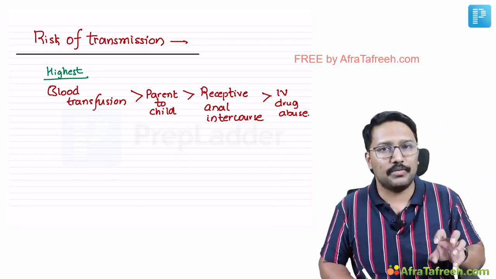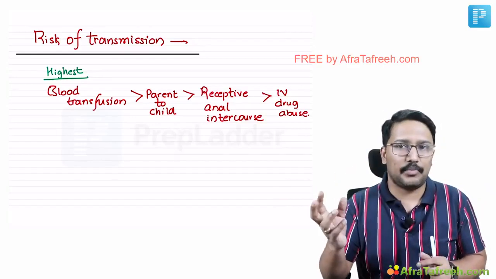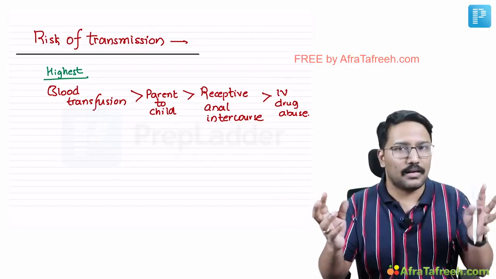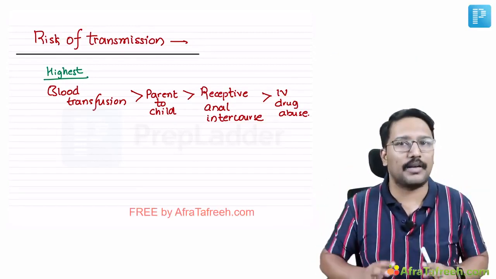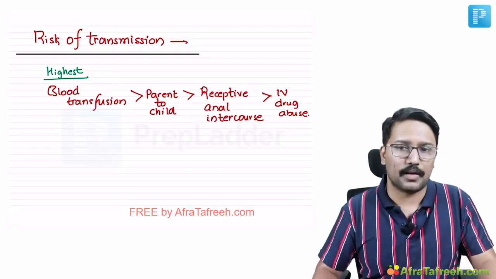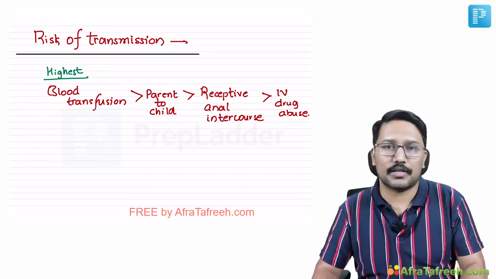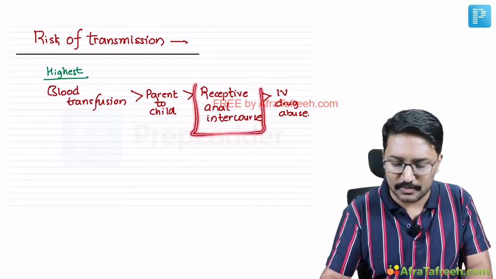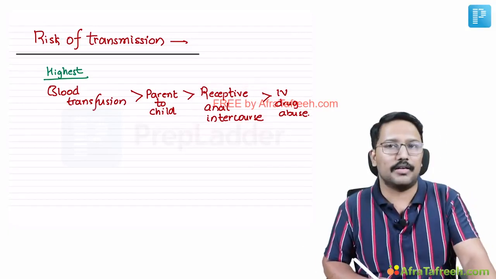There, risk also depends on who is the infected person and who is not, particularly when we talk about vaginal or anal intercourse, right? So the highest risk in terms of sexual mode of transmission is with respect to receptive anal intercourse.